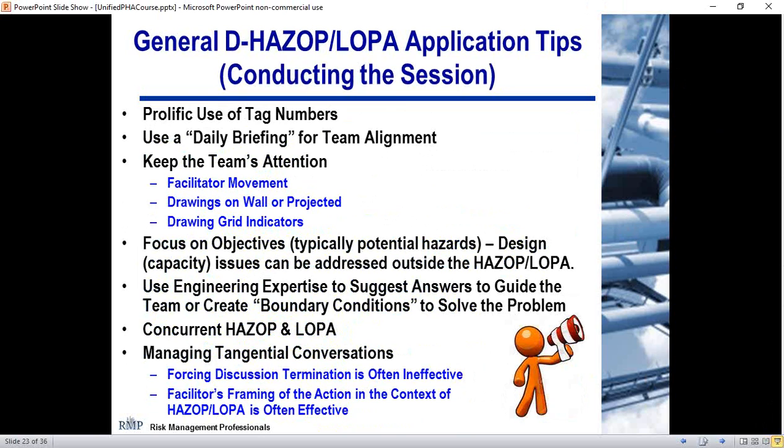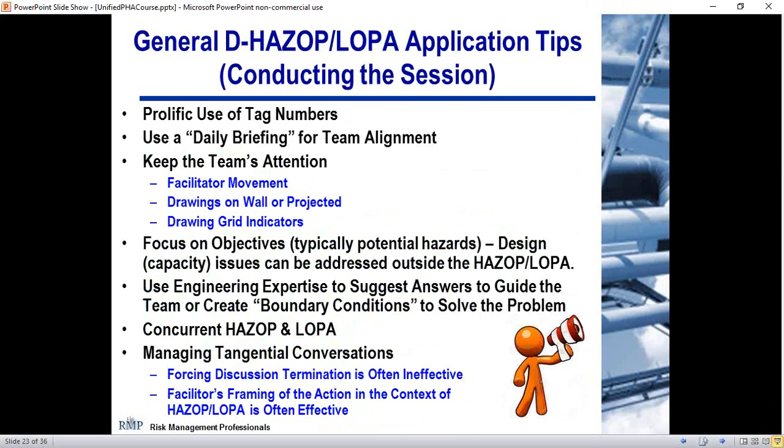We talked about concurrent HAZOP and LOPA. If it's done properly, the LOPA can be done with a minimal increment of time, and that time is very well spent. In a lot of cases, it provides some insights to the HAZOP scenario that you wouldn't have seen otherwise. We talked about tangential conversations. Again, a lot of times it's so tempting to just jump in there, pound on the table, and say, stop talking about that, let's go back to our HAZOP study.